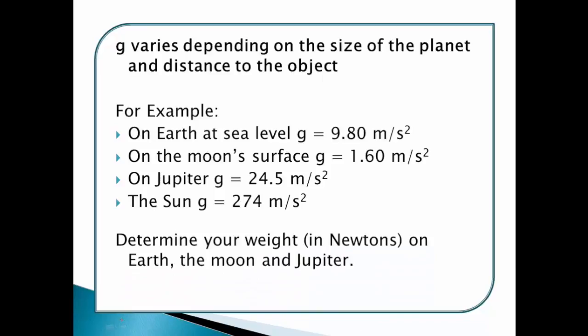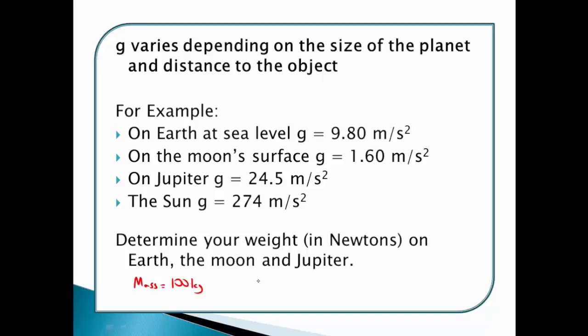Let's say that I wanted you to calculate what your weight was here on Earth, the moon, and Jupiter. Let's say that you have a mass equal to 100 kilograms. I'll pick that number because it's super easy to do the math with. I have no idea if you're 100 kilograms, no big deal either way.